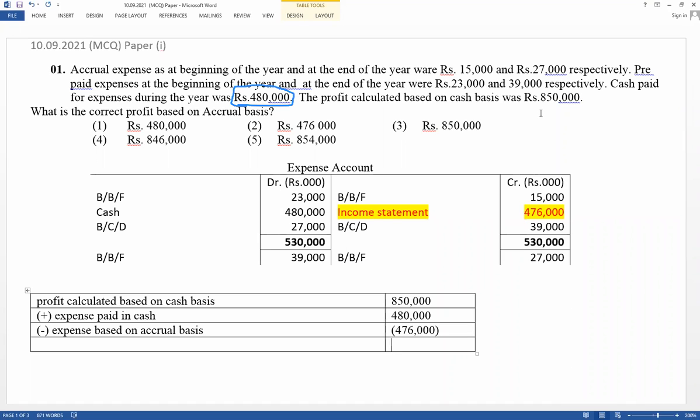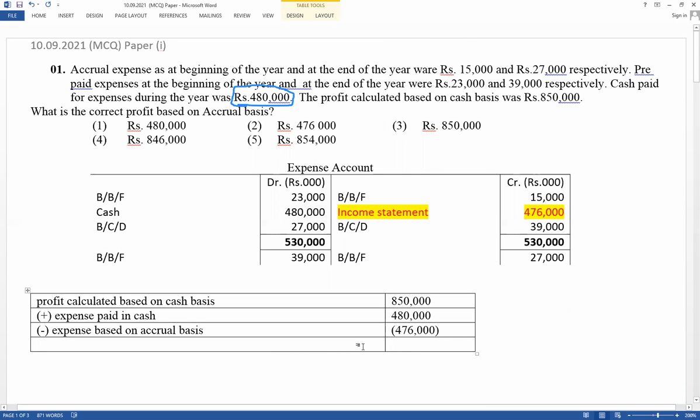The profit was calculated under cash basis, but now they ask for profit based on accrual basis. As the expense already deducted was 408,000, it should be added back, and we have to deduct 476,000.